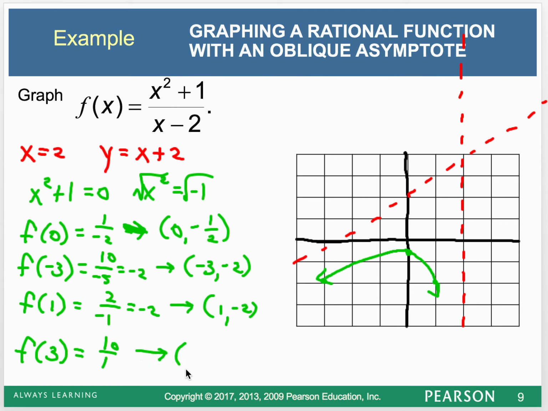So that's the point 3, 10. So it's 1, 2, 3, 4, 5, 6, 7, 8, 9, 10. We got a point up here. Okay, so if your asymptote is oblique or slanted, there's nothing different, except how you get that asymptote, of course.